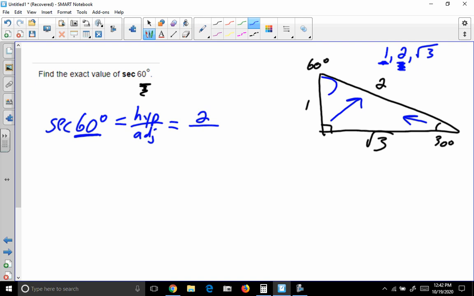Well, the side that's adjacent to 60 degrees is 1. Now you might say, why not 2? 2 is the hypotenuse. Adjacent means the side that is beside our angle that's not the hypotenuse. So adjacent to 60 would be 1. Hypotenuse is 2, so secant of 60 degrees would be 2.